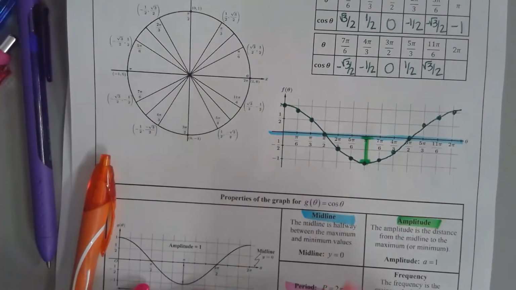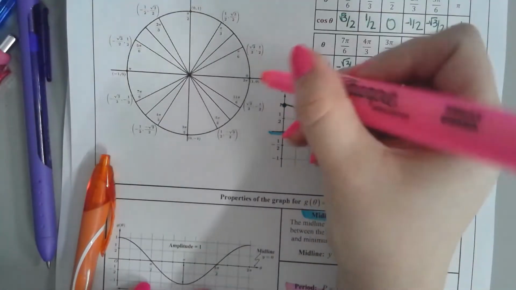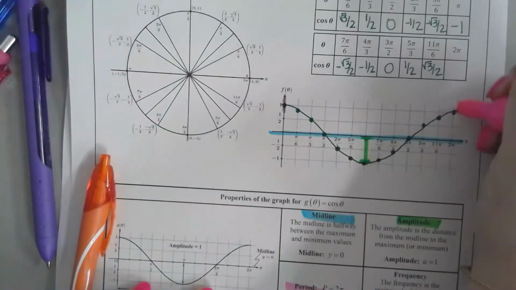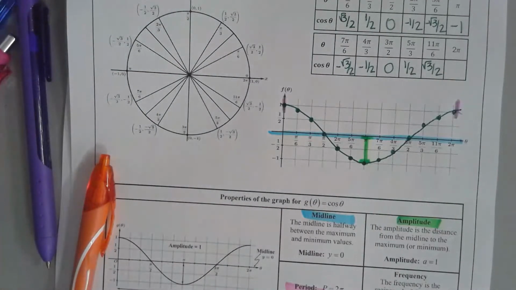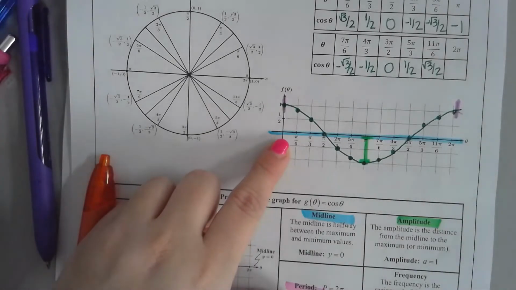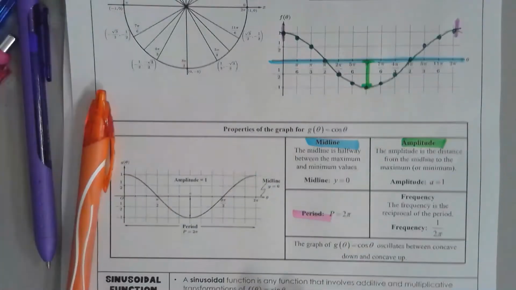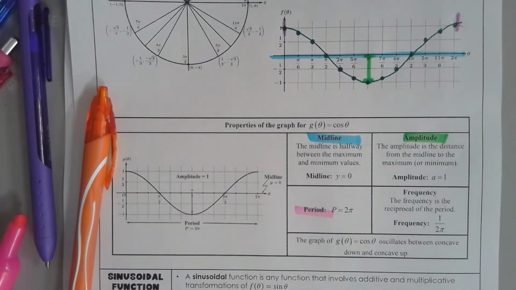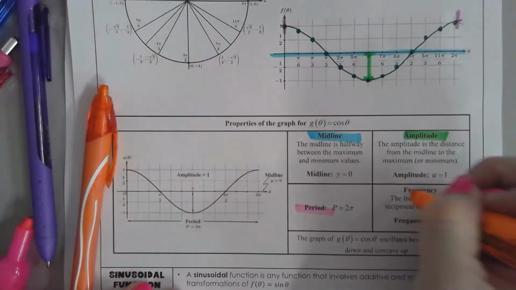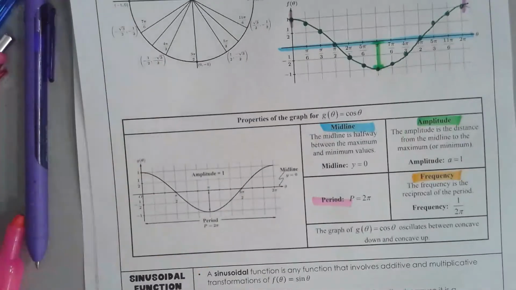The period, you can start anywhere when looking at the beginning and ending of a cycle. It's easier to count if you start at 0, but you can really do it anywhere. And then the frequency is 1 over that.